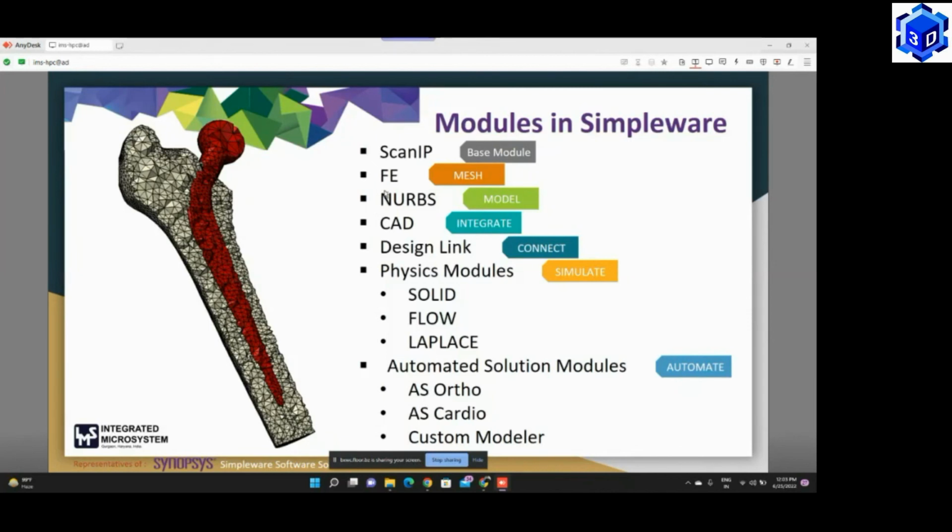It has NURBS, it has CAD. You will also have some physics modules, which allow you to perform physical calculations on these specific 3D models. So you have solid, flow, and Laplace for that. Also, there are some automated solution modules, which allow you to perform auto segmentation for specific body parts. It has auto segmentation for orthopedics, auto segmentation for cardio, and there is also a custom modeler.